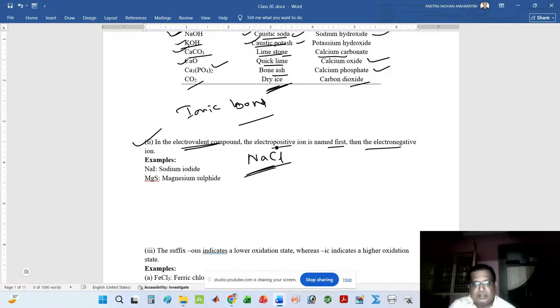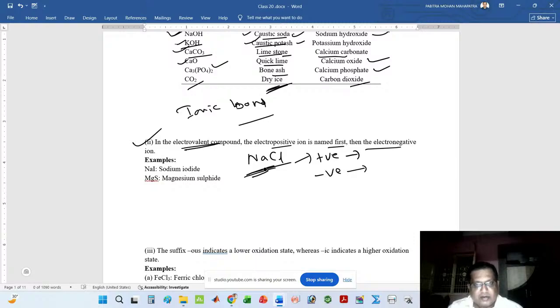In an electrovalent compound, two opposite radicals are present, commonly called ions. One is the positive ion, said to be the electropositive ion or electropositive radical. Another is the negative ion, the electronegative ion or electronegative radical.